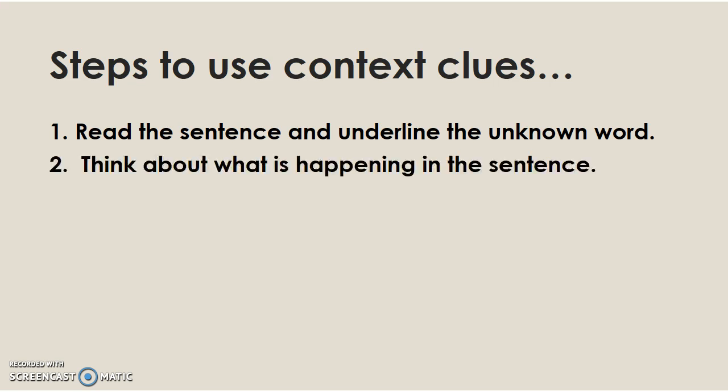After that, you need to think about what is happening in the sentence. What is the context of what is going on? For instance, in the picture with Jesse Owens, what was going on? You had an award ceremony that looks like it was at a stadium and an event. And then for the picture with Barack Obama, what is the context?